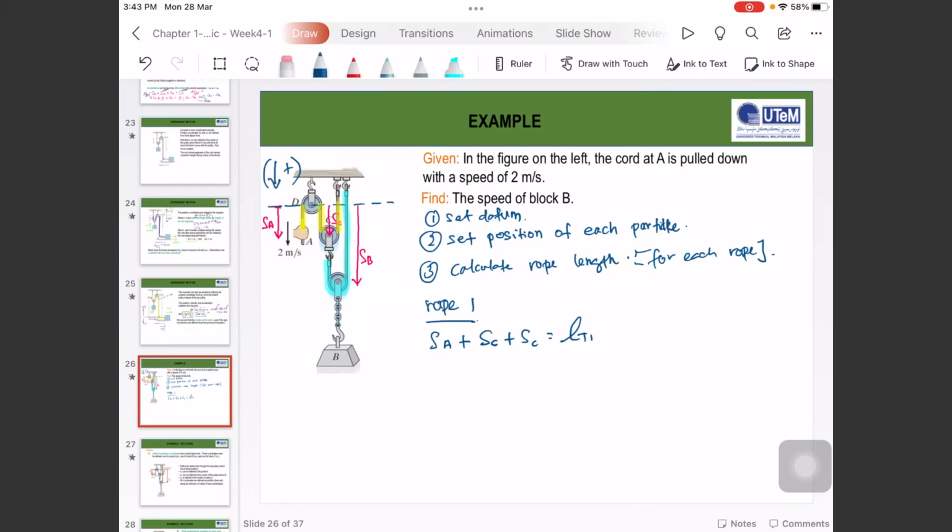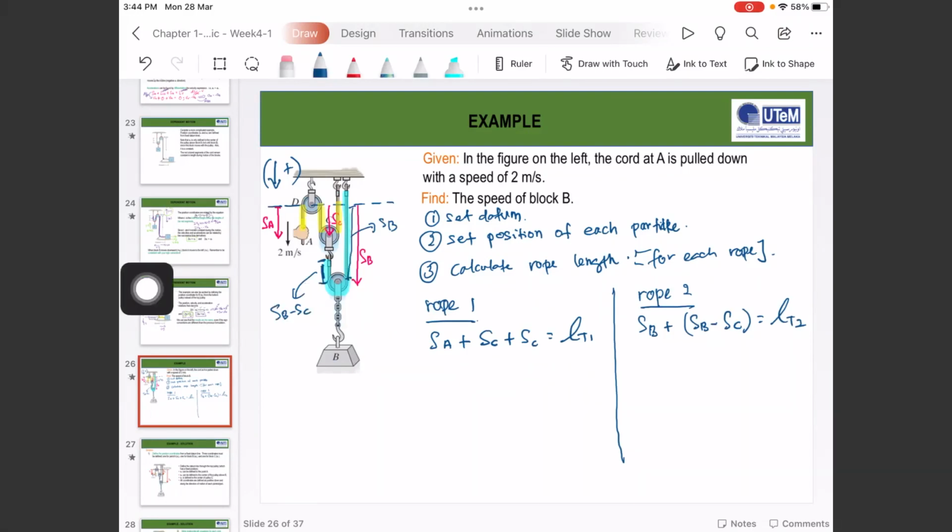Sini. We have plus B of rope. Okay, so this is SB. Okay, so yang ini my SC.